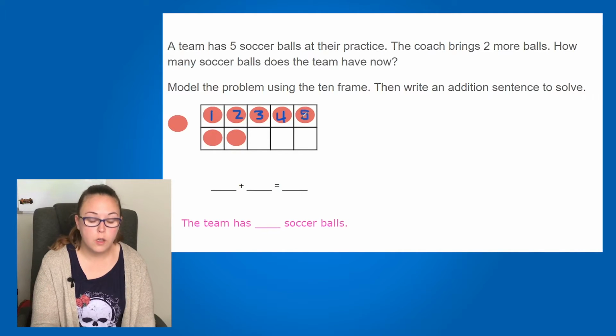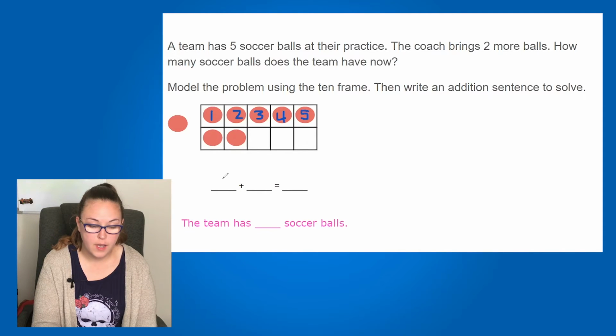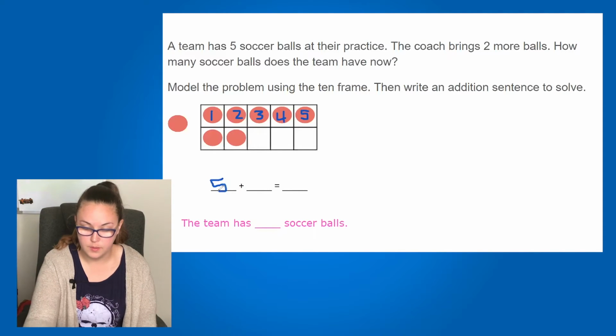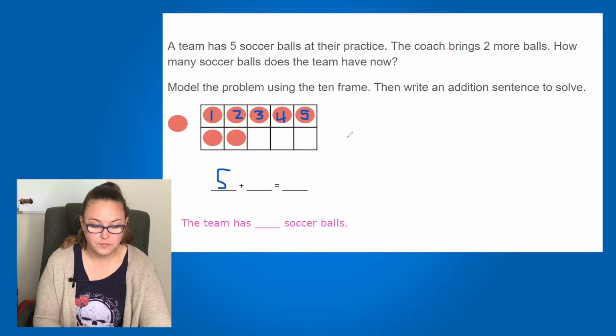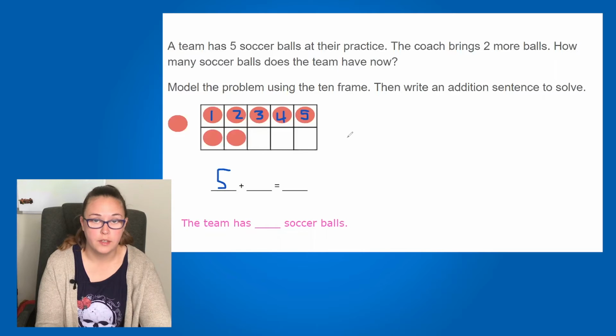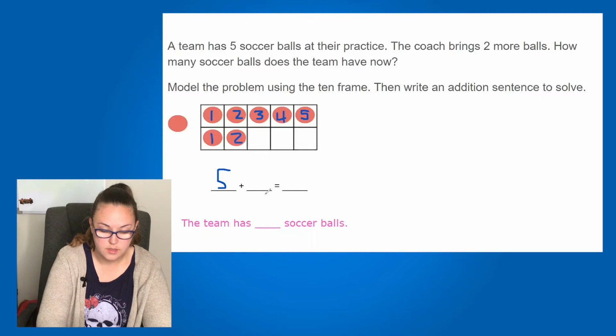So in one full row of a 10 frame, there are 5 counters. Now we have to count the number of red counters in the second row. How many are in the second row? 1, 2. So I'm going to add that to my number sentence, 5 plus 2.